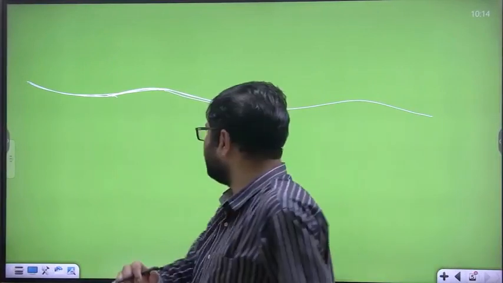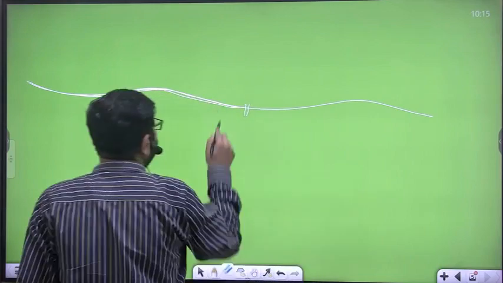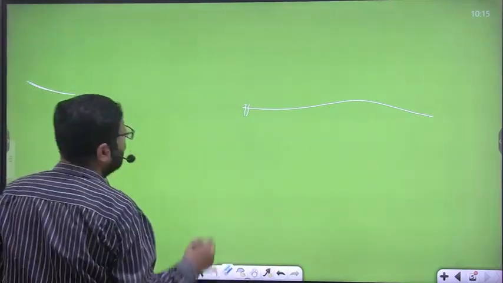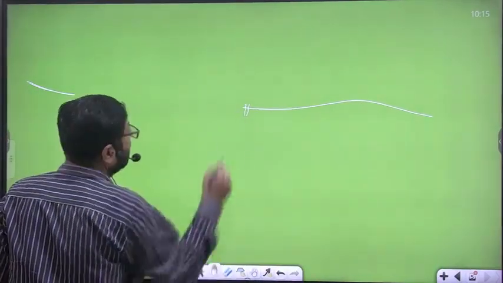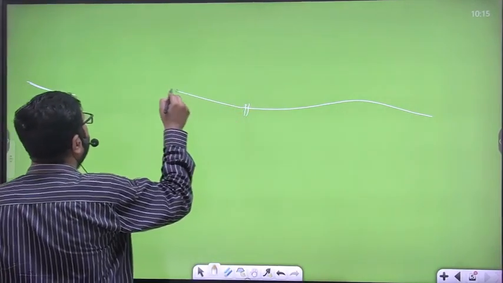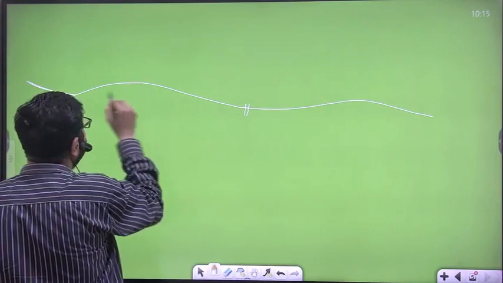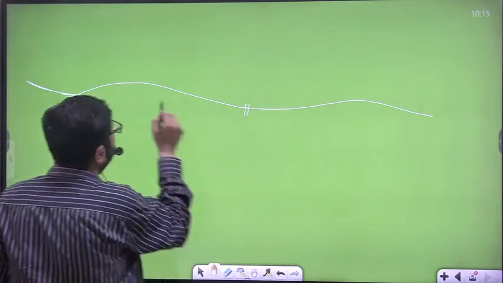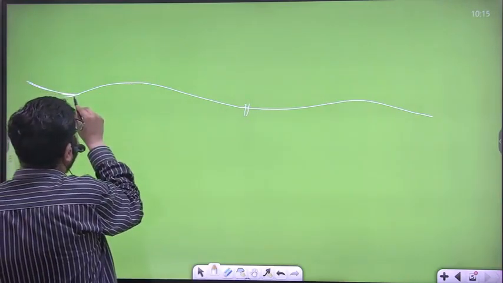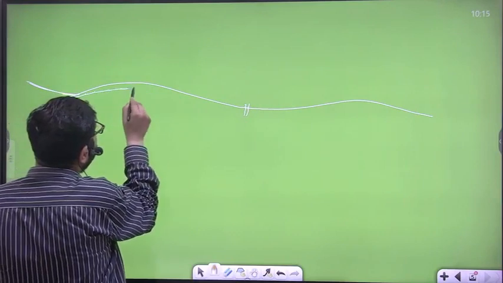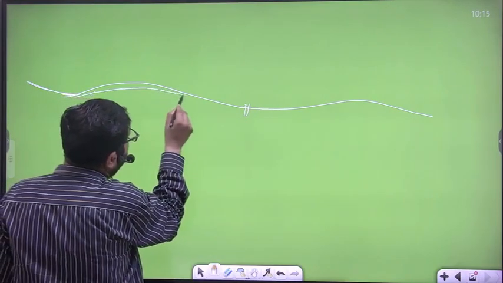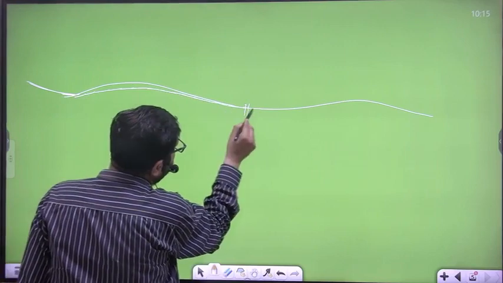Now what happens? In old stage, only weathering. Suppose this is water divide. Weathering takes place. See, valley bottom is not deepening.